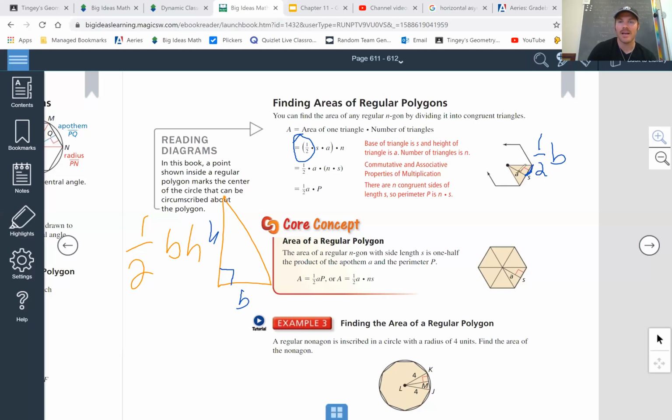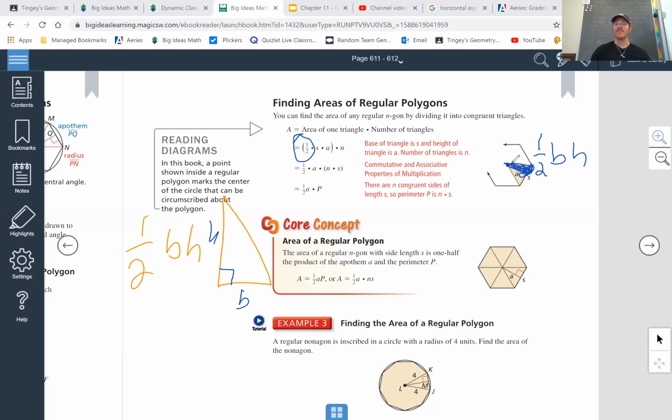And then A is the height, that perpendicular, it's like a segment bisector. It cuts this in half, cuts it at a right angle. Okay, so half times base times height, or S and A. And then you take that area of this one triangle.